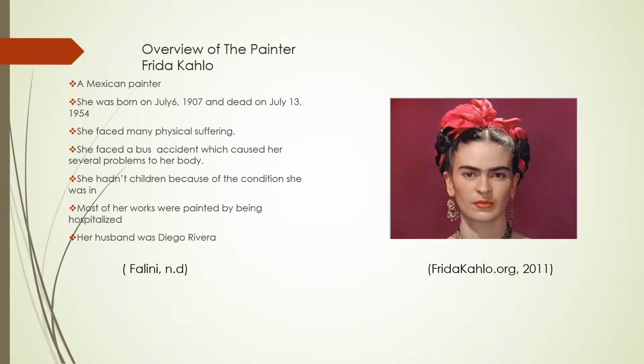She had no children because of the condition that she was in, being in the hospital because of that accident. And also most of her works were painted while hospitalized. Her husband was Diego Rivera.